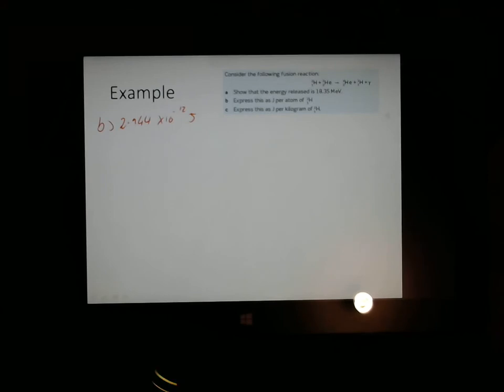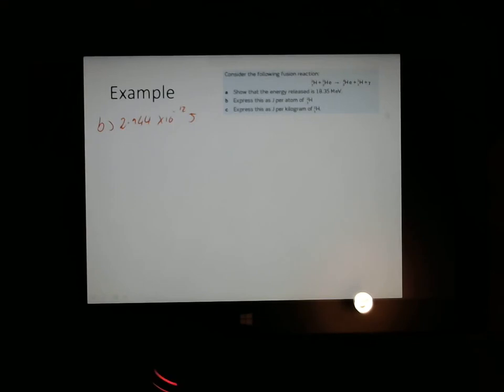H1 is not inside. Oh, express this as H2. It's a typo. The working out has the mass of one atom of H1 equal to 2.01, blah blah blah. However, if we look up at the isotope mass for the reactants, that's actually the mass of H2.